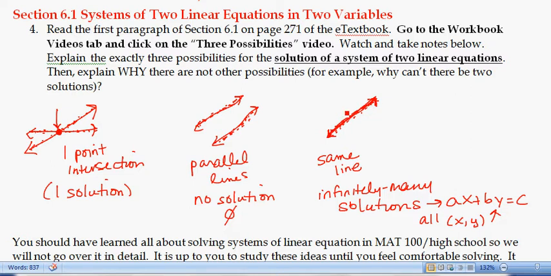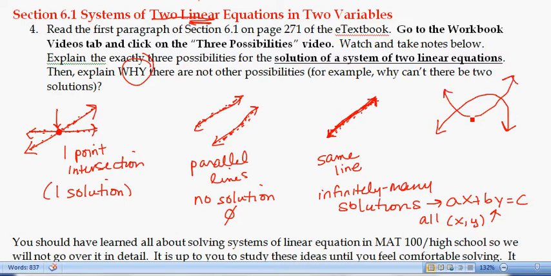So, but why are there no other possibilities, right? Well, I'm talking about two linear equations, right? So they have to be lines. So I can't have things like here's one curve or parabola or something, and then here's another curve, another parabola.